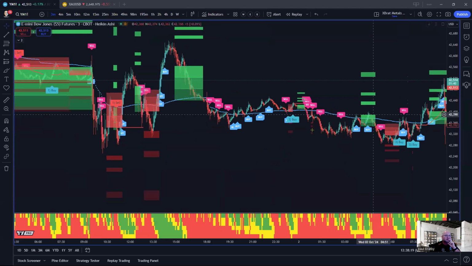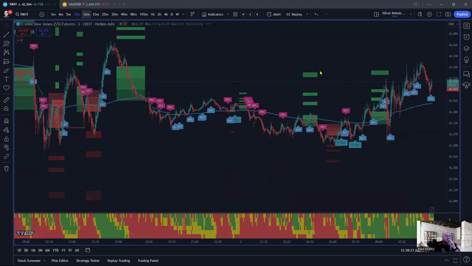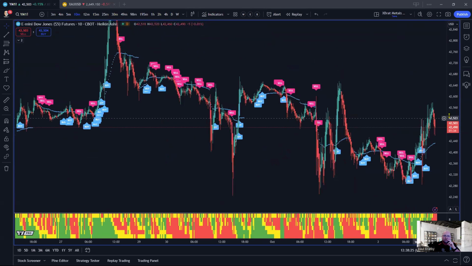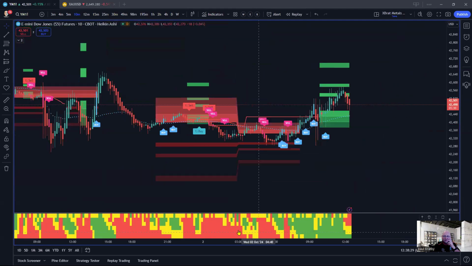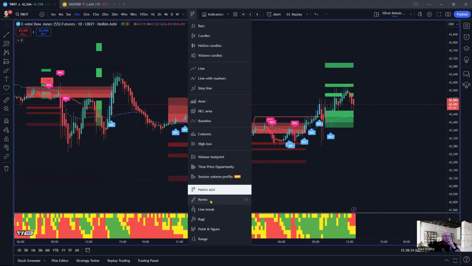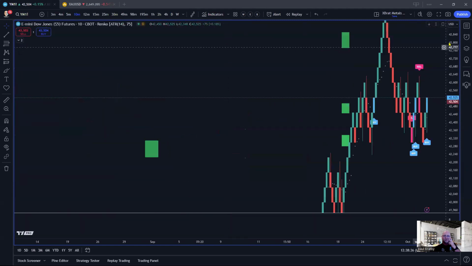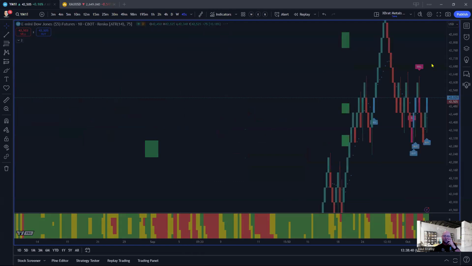This 3 minute is not the groove. So let's go 10 a minute, see what's going off. Not really the groove. I think we'll go Renko and we'll go down to 45 seconds.